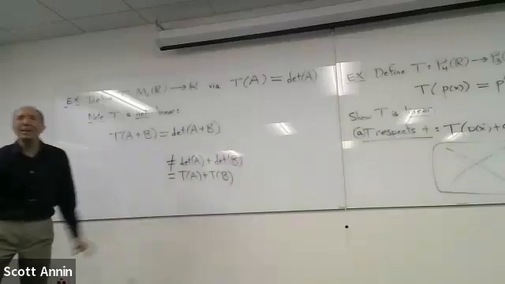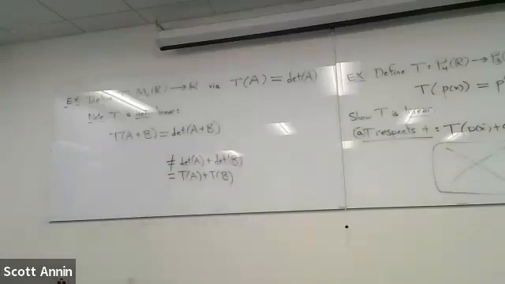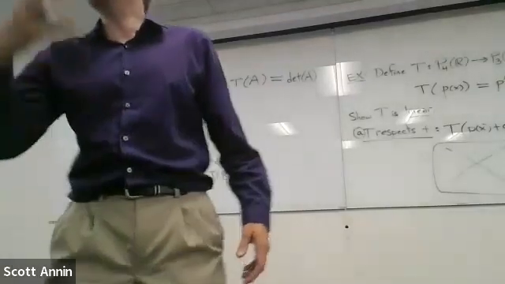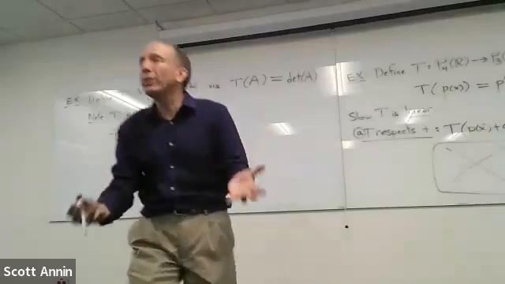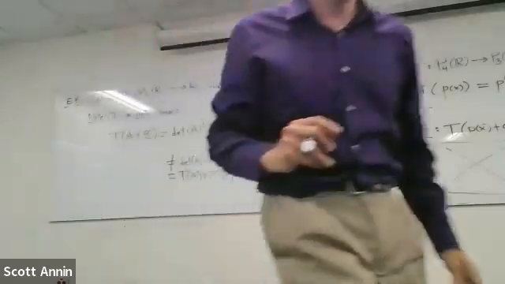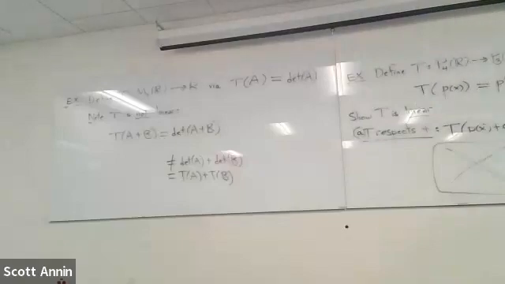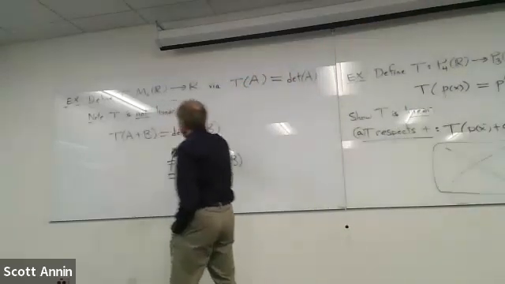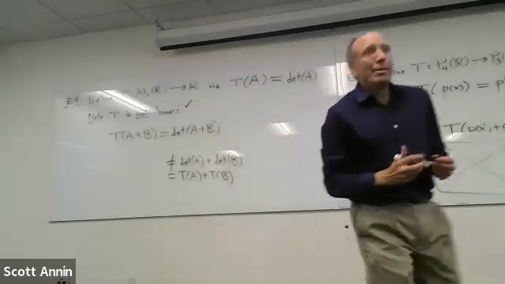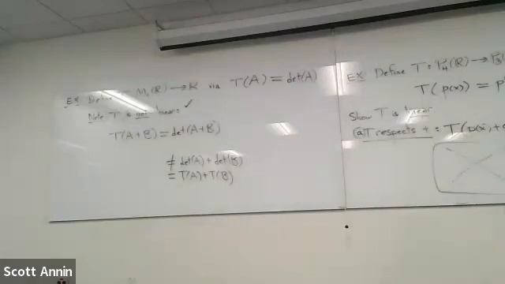This is a key surprise: determinants do not respect addition. You could get lucky, maybe a specific choice of an A and a B might work, but it's not always going to work. And because of that, determinants don't respect addition. So you can have examples that are not linear, such as this, and sometimes you get surprised by that.